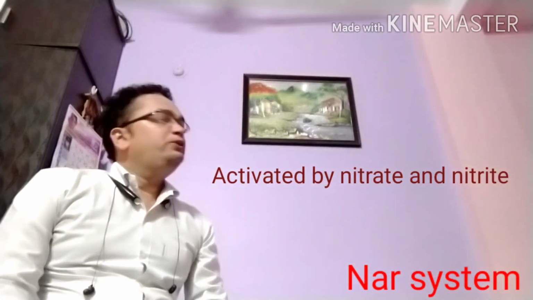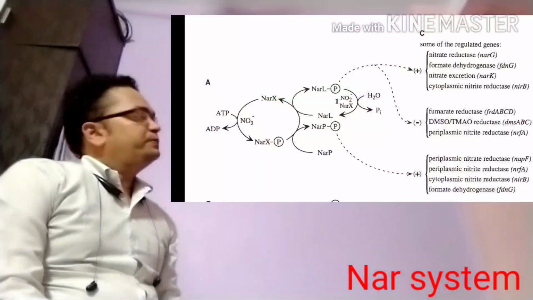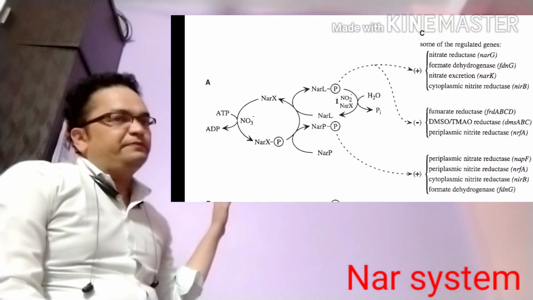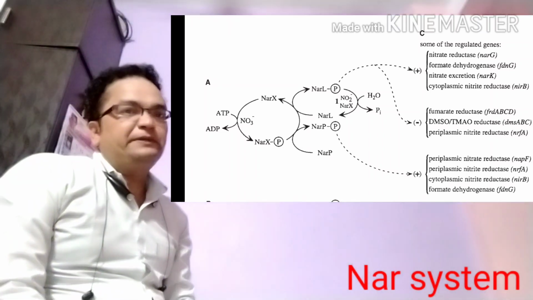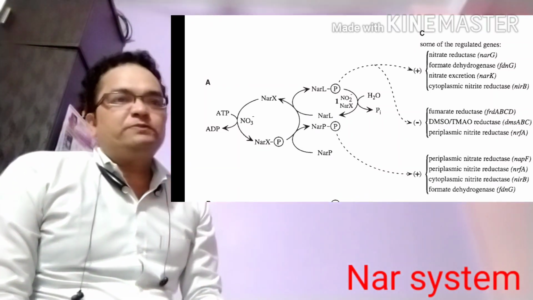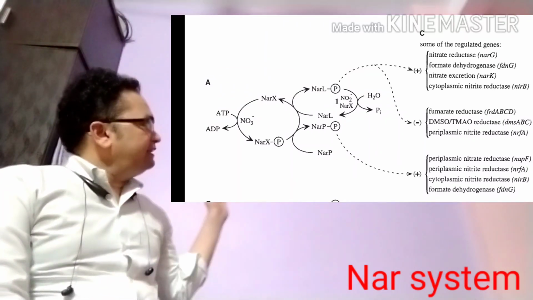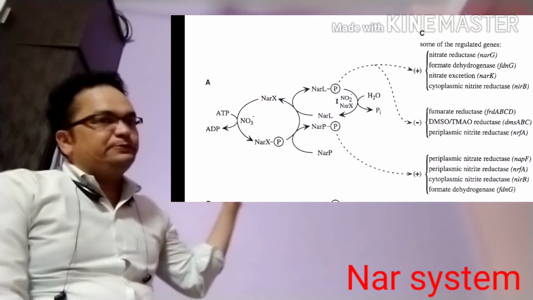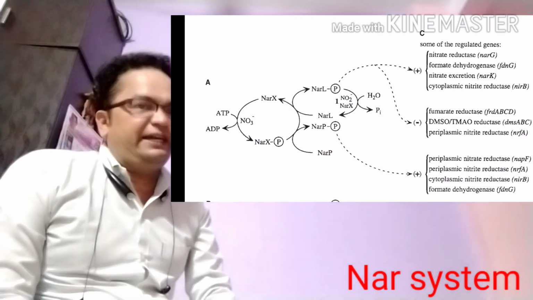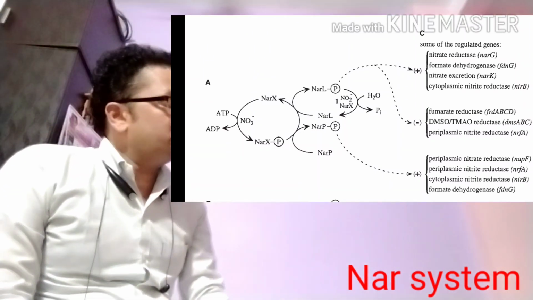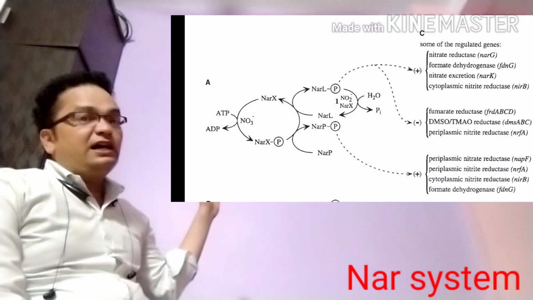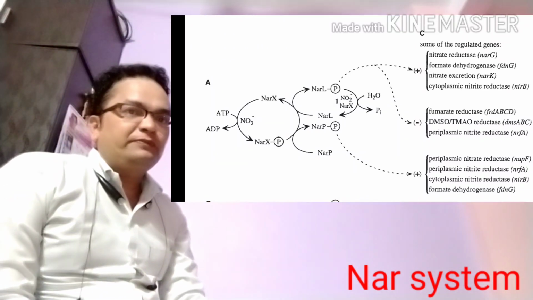So we will have a look at this particular system. Now this is diagram A, which represents the activation of this system by nitrate. So nitrate phosphorylates the NAR-X. In the presence of nitrate, the NAR-X is phosphorylated.